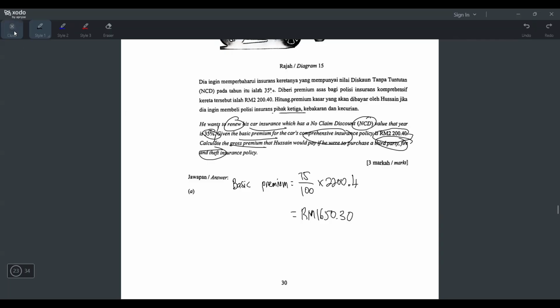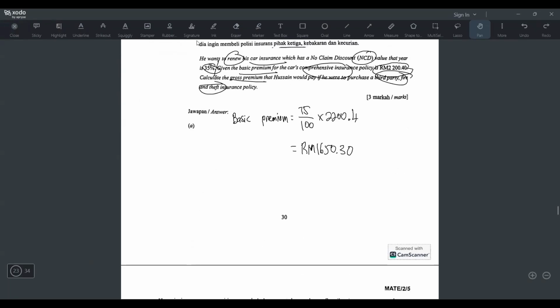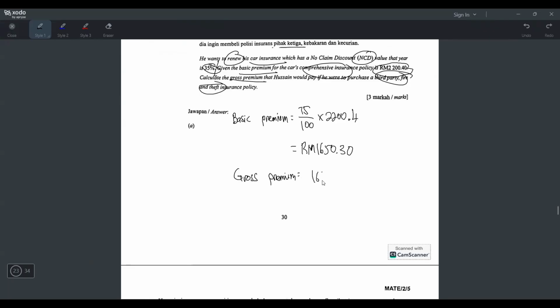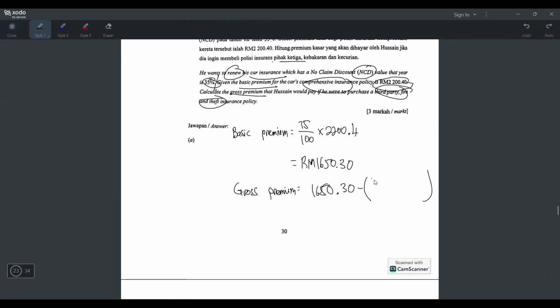Okay, after getting the basic premium for third party fire and theft, now we can get the gross premium, just minus the NCD, right? So the gross premium, or the premium kasar in Bahasa Melayu, will be 1650.3 minus the discount. Usually how I teach my students is I will teach them to write like this: minus bracket, and the NCD is 35%, right? So you have to minus 35% from 1650.30.